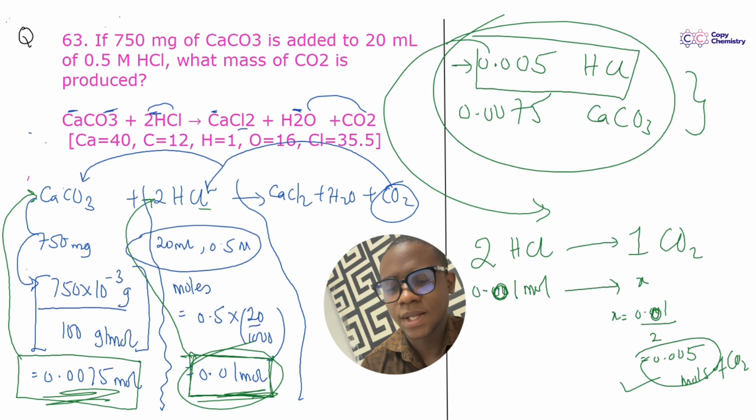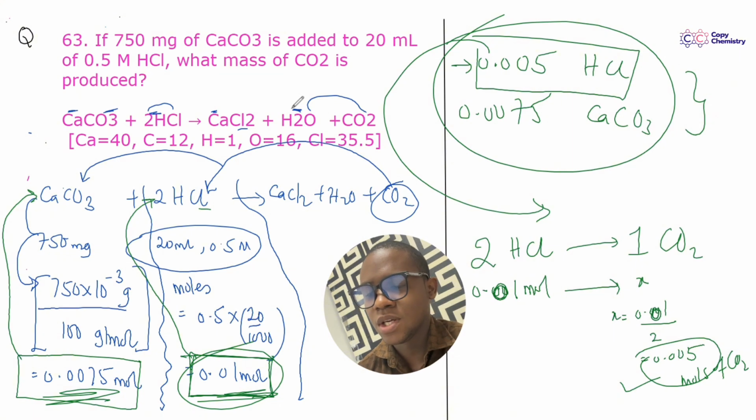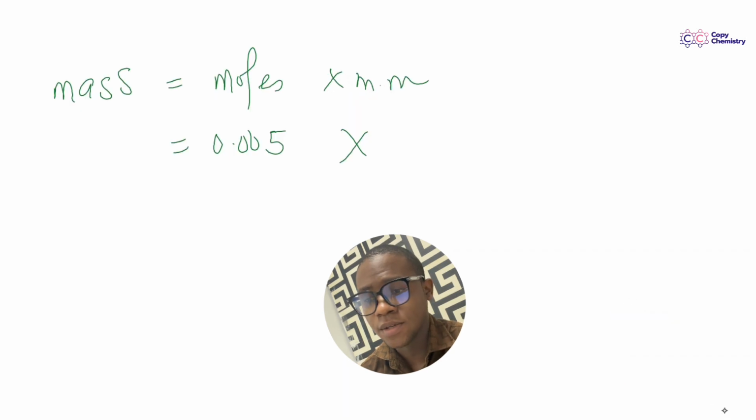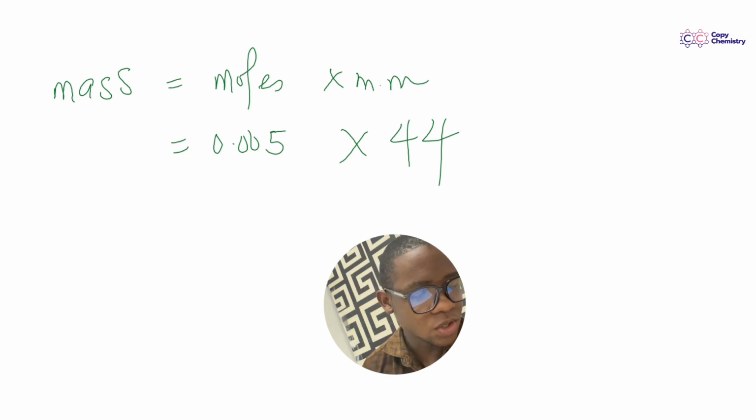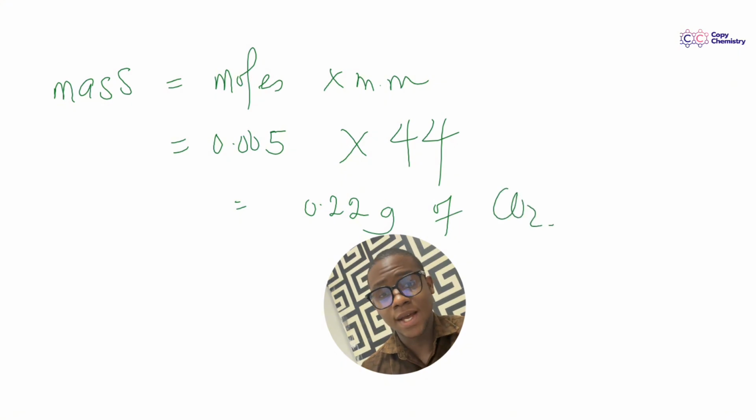And then we'll multiply that by the molar mass of CO2. What's the molar mass of CO2? 12 plus 2 times 16. You get 44 at the end of the day. And then when you do that multiplication by 44, you'll get 0.22 grams of CO2, and that is the answer to the question.